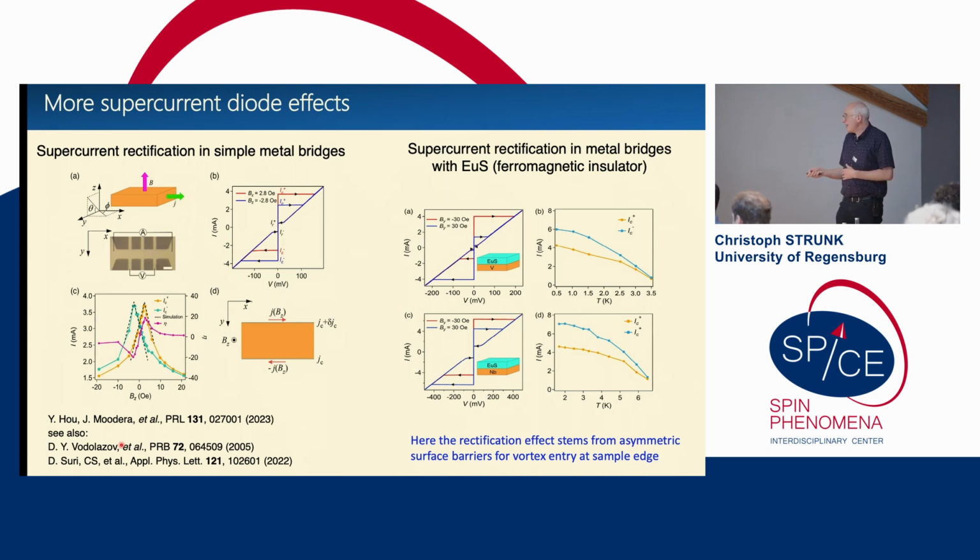But as you see, this type of effect is also not so new. In fact, it really comes again from a macroscopic asymmetry, namely the two sides of the superconducting strip are not necessarily equal. In particular, the barrier for vortex entry can be unequal, and that is what produces the diode effect in this case.